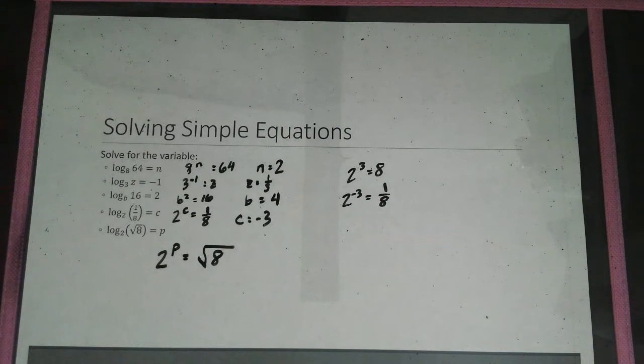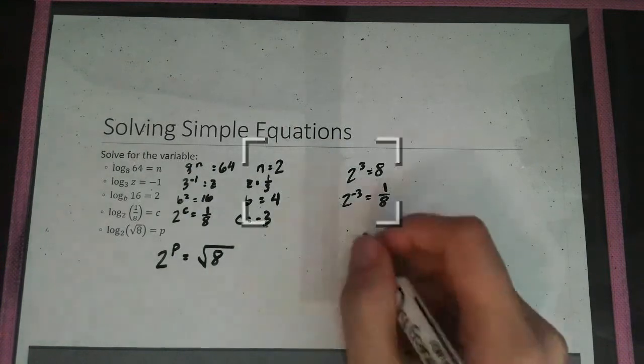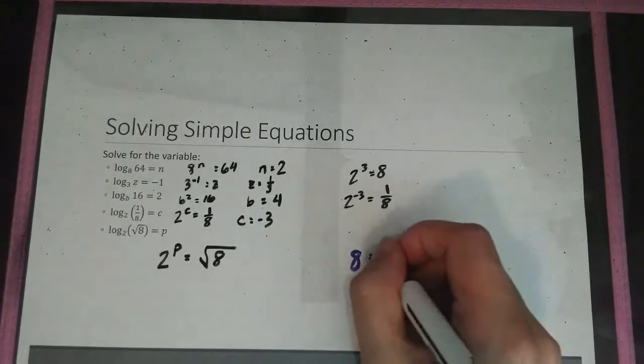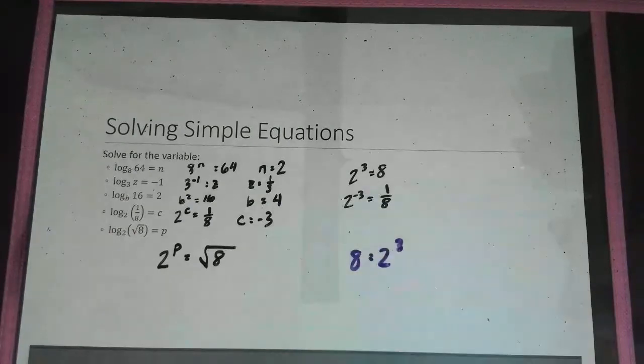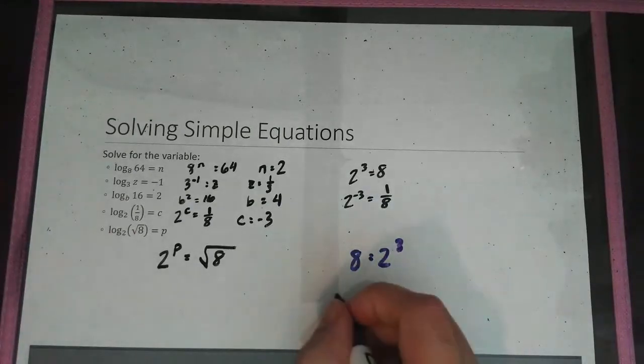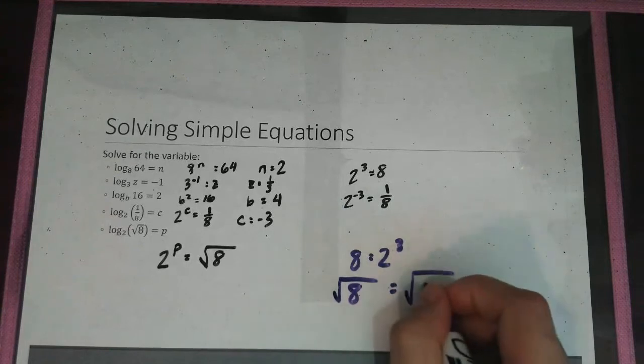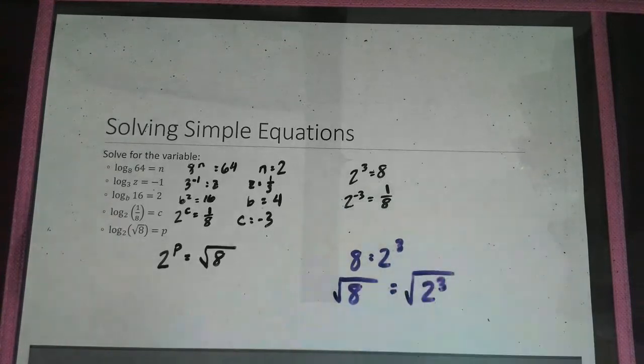Well, that one's a little bit different than what we've seen so far. So I'm going to do a little math-a-magic over here and see what we can do to figure this one out. We know that 8 is equal to 2 cubed. So that means the square root of 8 is equal to the square root of 2 cubed.